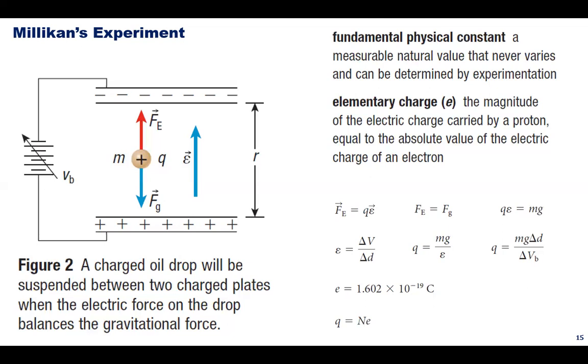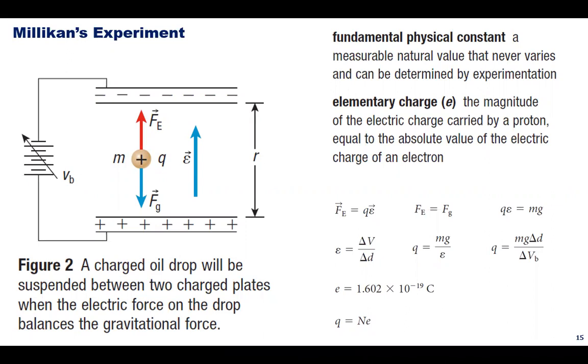Millikan hypothesized that an elementary charge, which is denoted by the letter e, the smallest unit of charge in nature, did exist, and that the charge of the electron equaled this elementary charge. To measure the charge, Millikan used a fine mist of oil droplets sprayed from an atomizer similar to what we might find on perfume bottles.